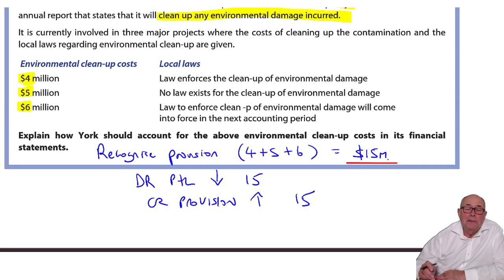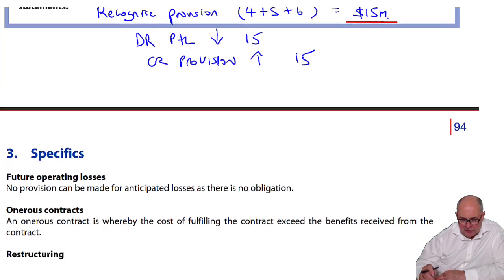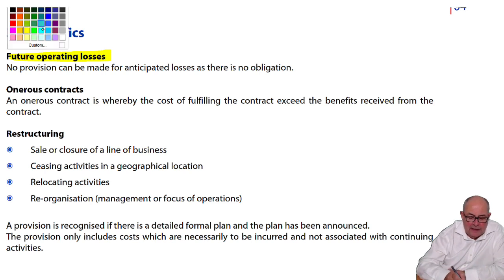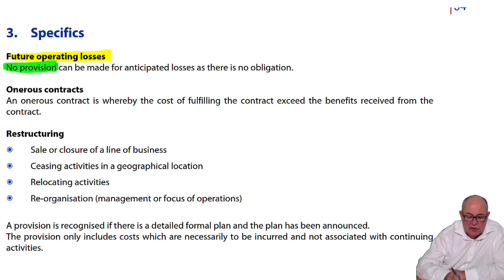IAS 37 sets out certain specific examples of provisions, and these are quite useful. So, can you provide just because you expect to make a loss next year? And the answer is categorically, of course not. So, no provision.